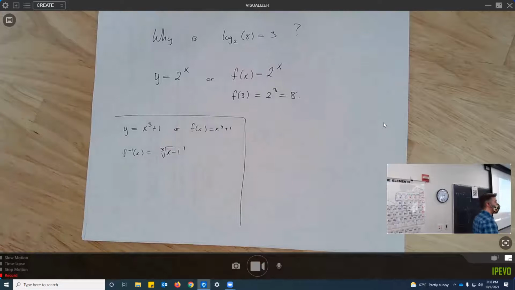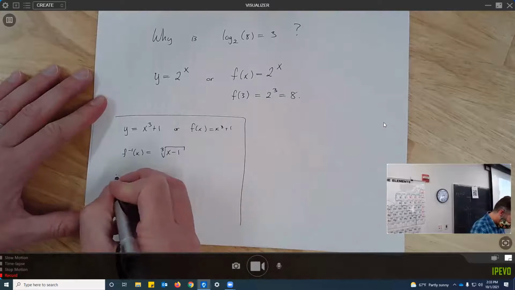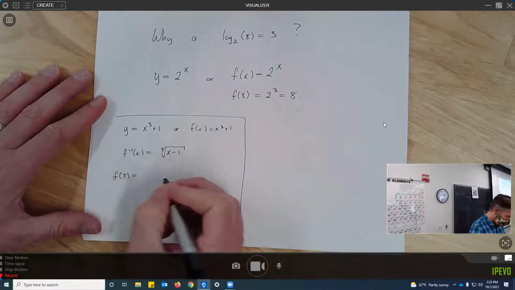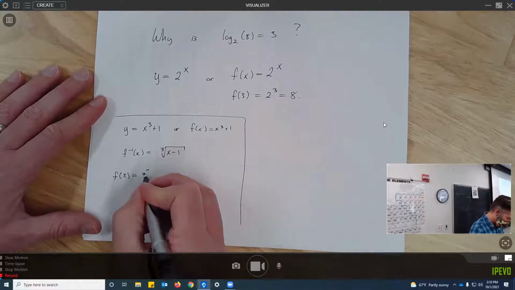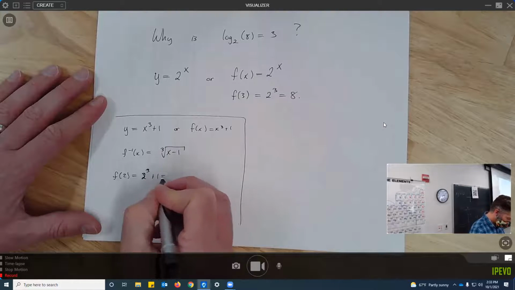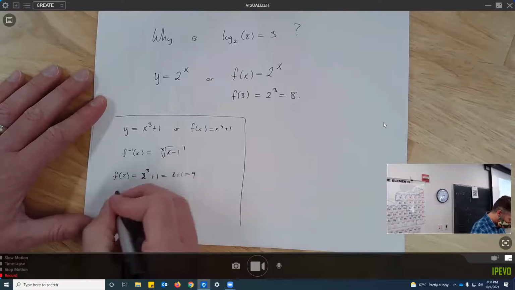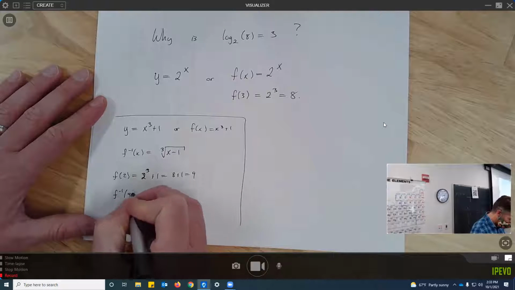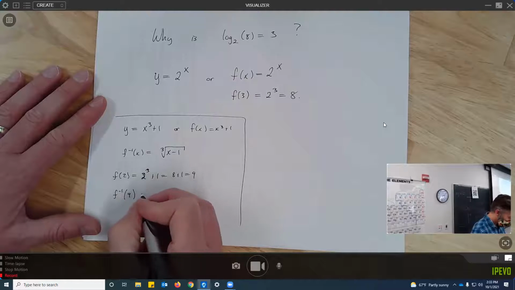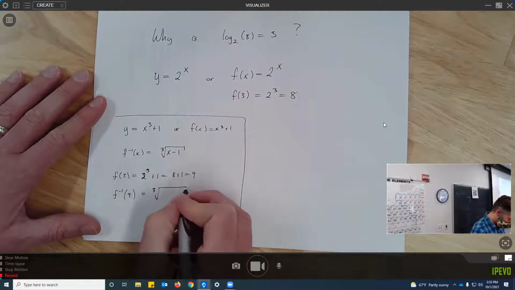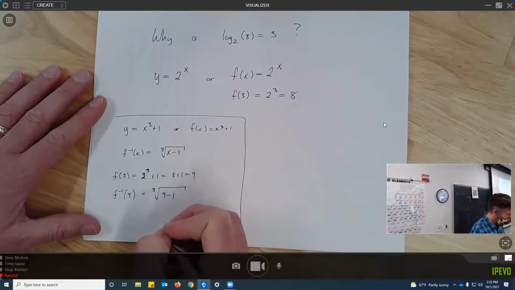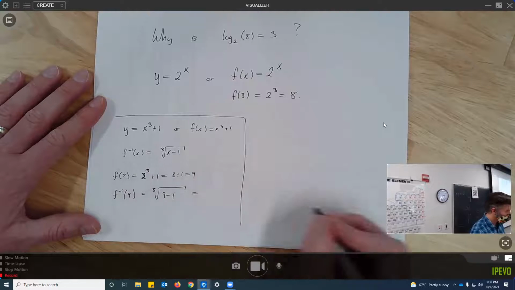These functions are inverses. They undo each other, meaning f of 2 is 2 cubed plus 1, which is 8 plus 1, which is 9. And f inverse of 9 should be what? Any guesses? What do we get?